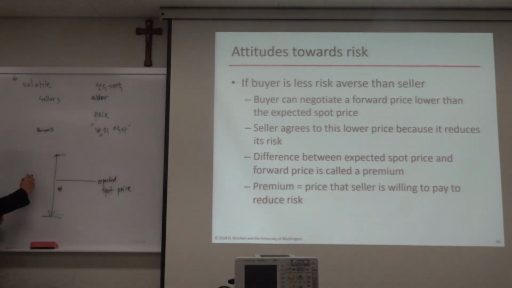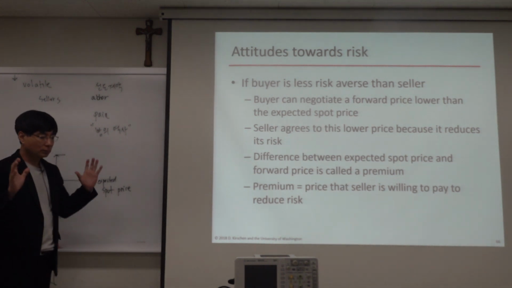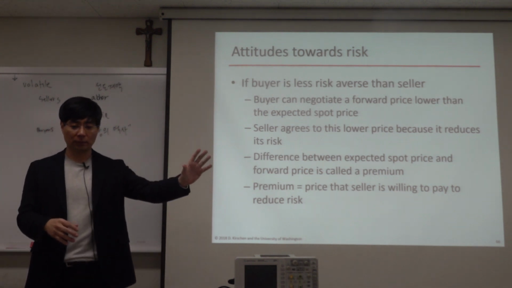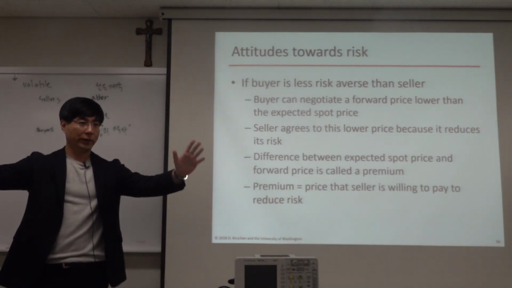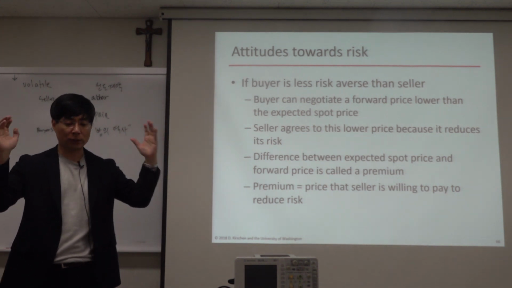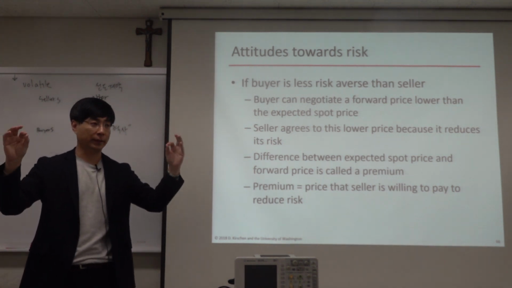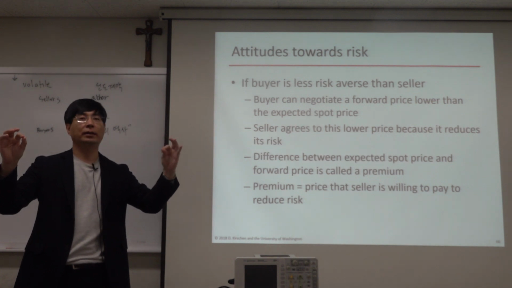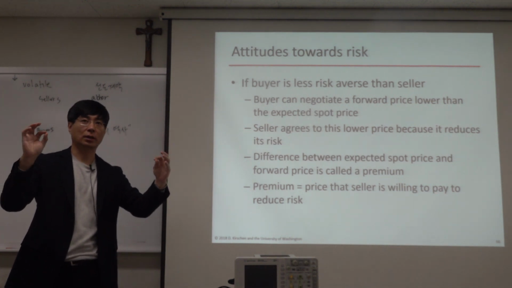Okay. Is the expected spot price not what the seller estimates? Okay, so for simplicity, let's assume the seller's and the buyer's expected spot prices are the same. But I'm saying that they have different risk aversion.